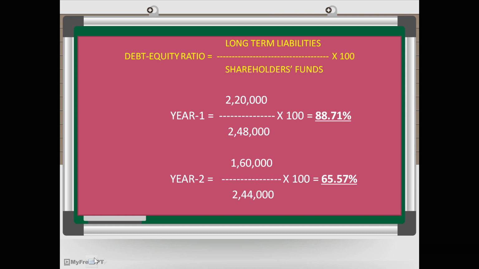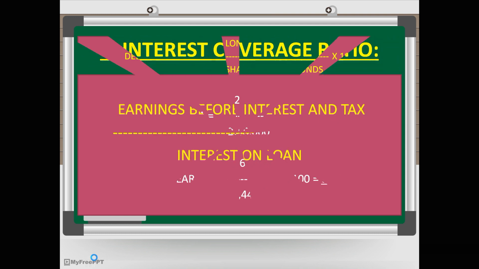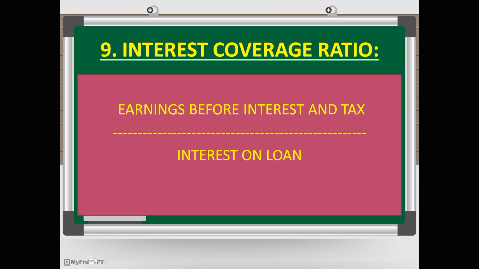Let us move on. Next ratio is interest coverage ratio. In your list it is the 9th ratio, interest coverage ratio. You have got the formula as well.